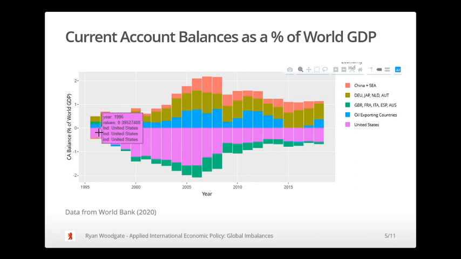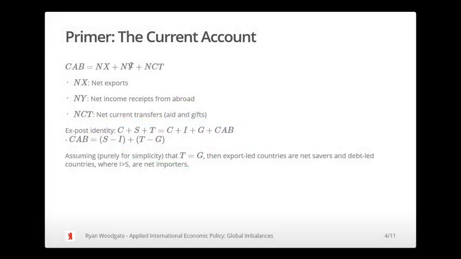We see that the US from the 1990s has been running persistent current account deficits. So it has been importing much more than it has been exporting. Typically, it tends to receive positive net income receipts, but this does not offset the massively negative net exports.